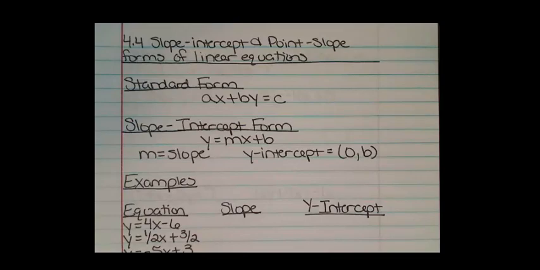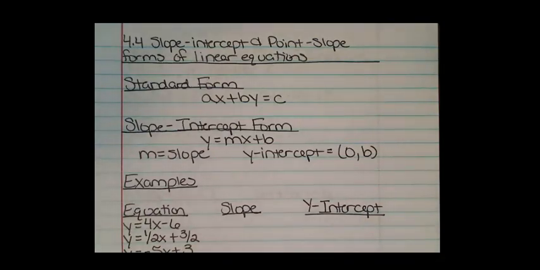But the form of a line that you're really going to interact with the most is the slope-intercept form, which is y equals mx plus b, with m equal to the slope and your y-intercept equal to (0, b). That's what the b stands for. You're going to use this more times than not, and it's actually what you've seen most of your equations in already.